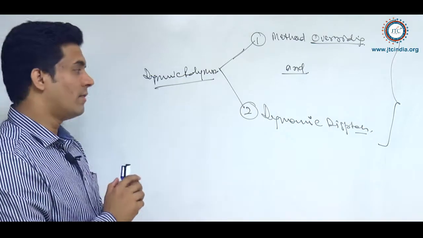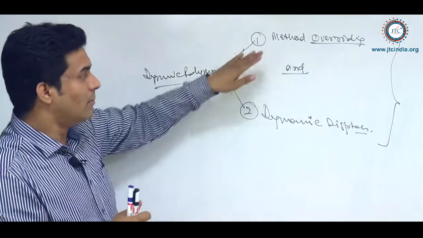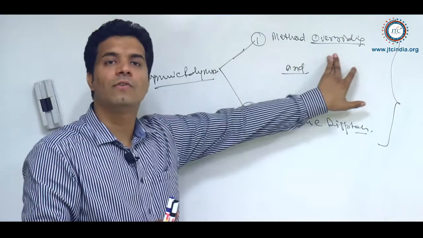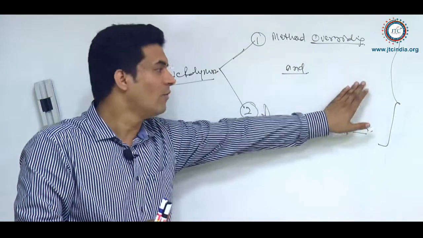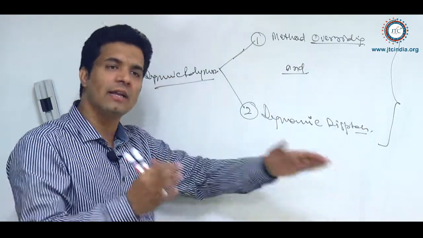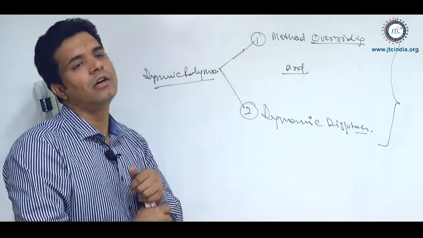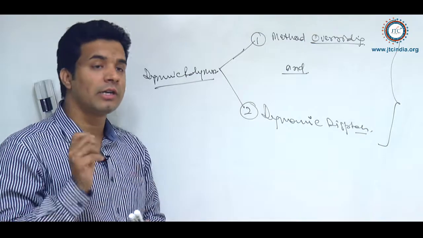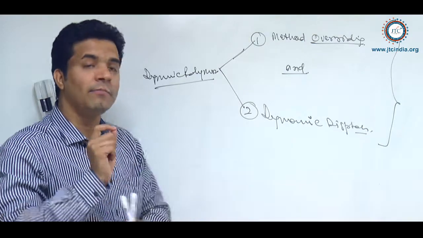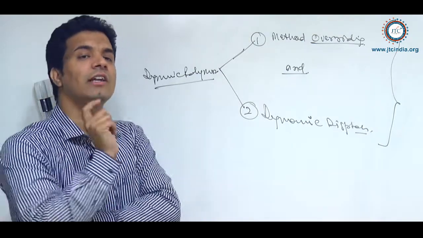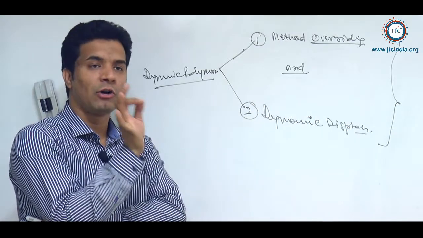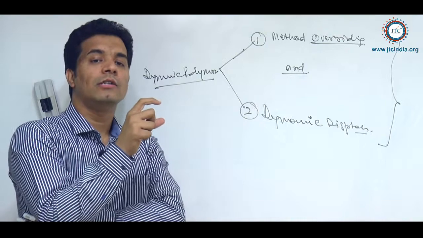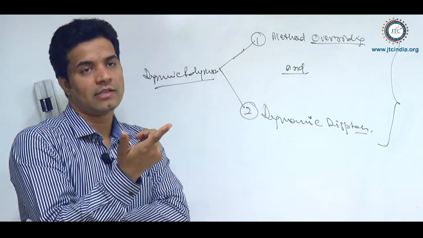I'll come to dynamic dispatch later, but first I'm discussing overriding of a method in a proper manner, and then we will discuss dynamic dispatch, and by combining both we will discuss how we are going to achieve runtime polymorphism. One more point: we can't achieve runtime polymorphism by static properties inside a class, like a static method.